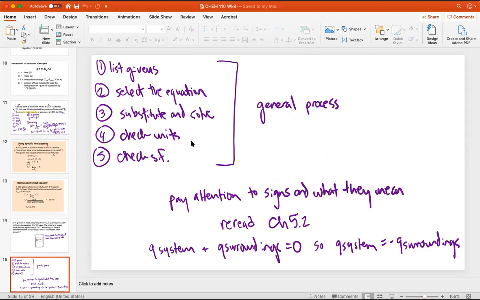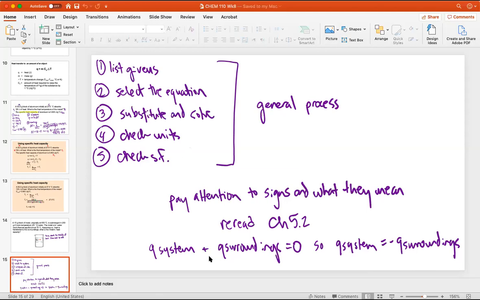This general process can be applied to a great many different types of problems. But what's most important for us is that we pay attention to the signs and what they mean. If you're not certain about this, I would suggest rereading chapter 5.2. That will give you some great insight into heat, transfer of energy, and the way we use signs to help us make sense of that information. But here's the short overview.